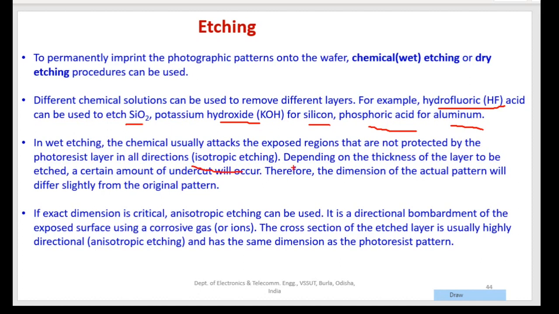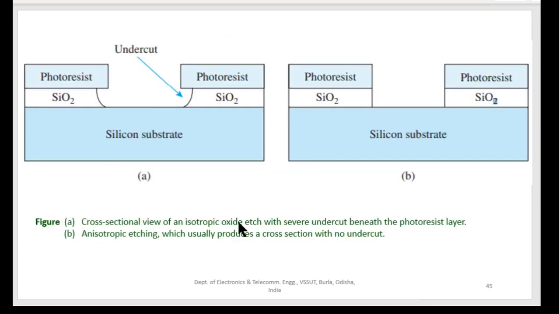Okay, and depending on the thickness of the layer to be etched, a certain amount of undercut will occur. Okay, we will see. Look at here. Figure A shows the case for isotropic etching. So what happens when you perform the etching on the SiO2 layer here, and because this is isotropic in nature, some undercuts also happen like this. Okay, we wanted this etching to be perfect like this, a perfect vertical line.